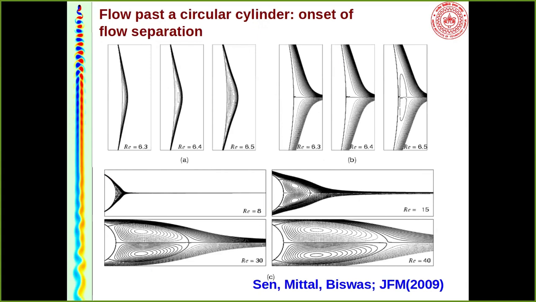So he did a lot of careful calculations. Yes. So he was able to show that actually the flow separates, and then with Reynolds number he was able to carry.